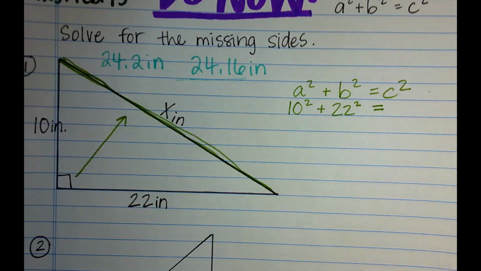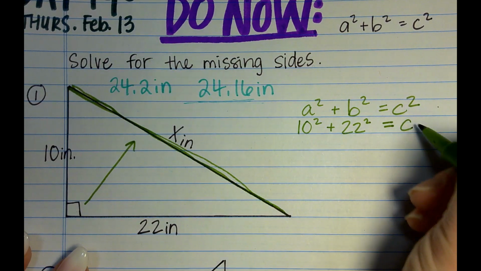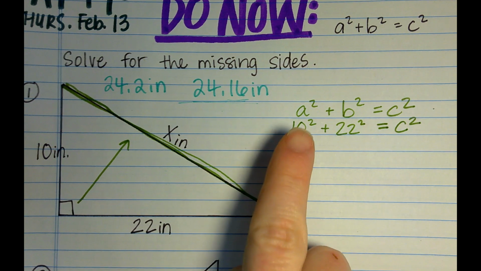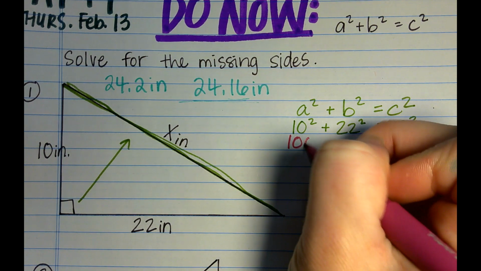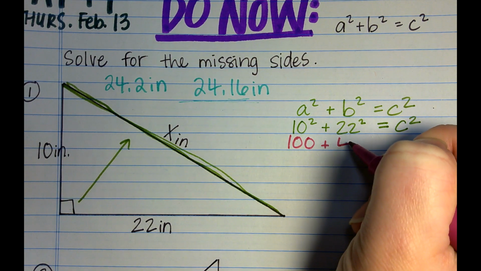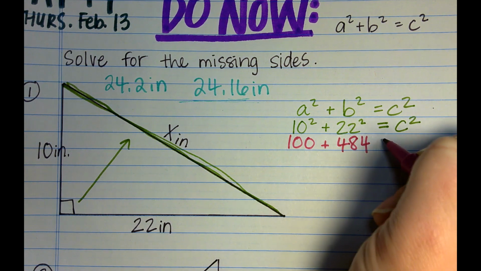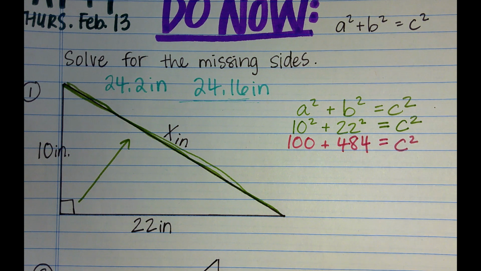We have plugged in our values for A and B, and we don't know C. So what is 10 squared? 100. What's 22 squared? 484. Okay, 100 plus 484 equals C squared.